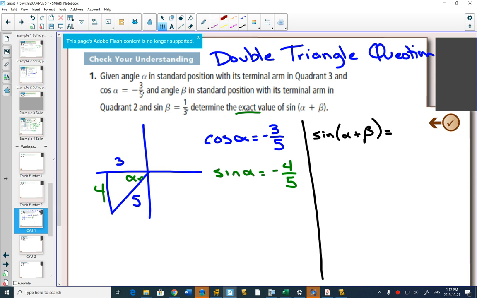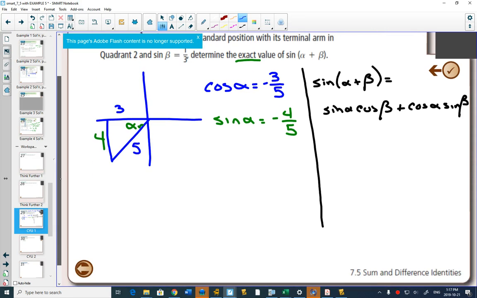On our formula sheet, sine of alpha plus beta is equal to sine alpha cos beta plus cos alpha sine beta. So the reason in triangle number 1 that I found sine alpha is I'm going to need that later on in my question.